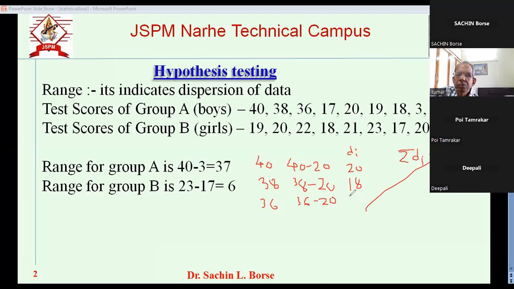It is 16 here. Like 17 is less than 20, so it will be negative, minus 3. Like this, you calculate and see whether the summation of Di equals 0 and tell me. Do it in maybe 2 minutes. It will not take much time.